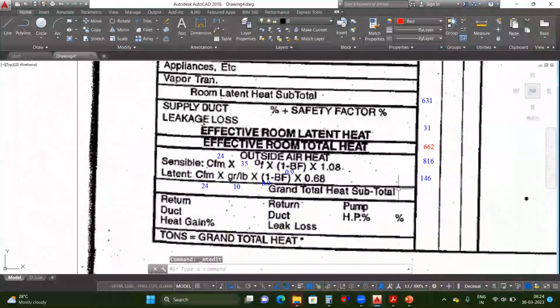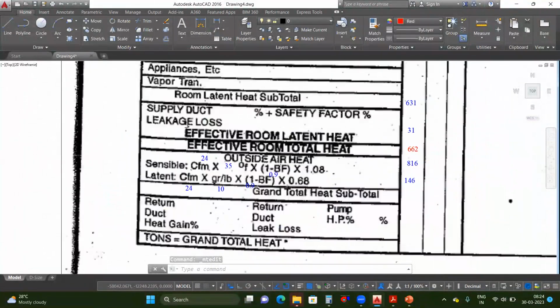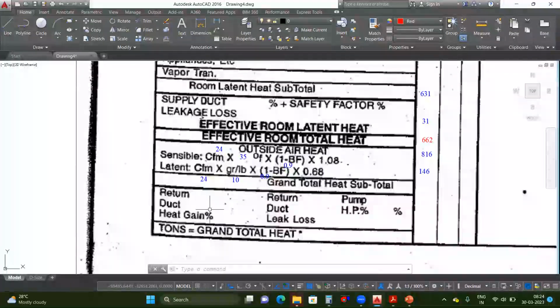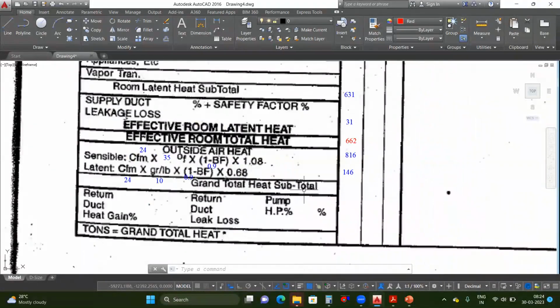Okay, so we need to add all the grand total heat, and if required you can add some safety factor, but it is not required as we have already taken it. So this is the grand total heat subtotal.